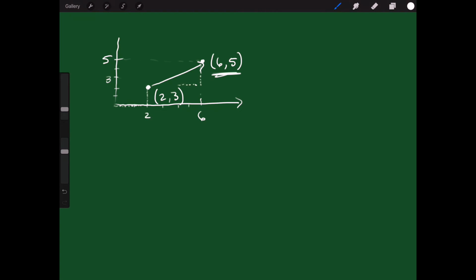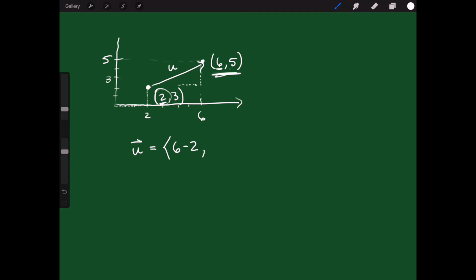So if we want to put this vector, I'll call it u for right now, into standard form, u is going to be equal to, well, 6, which is where it's starting, but we need to move it back 2. So I'm going to subtract the starting component, or the starting point.